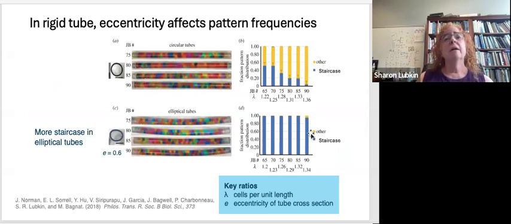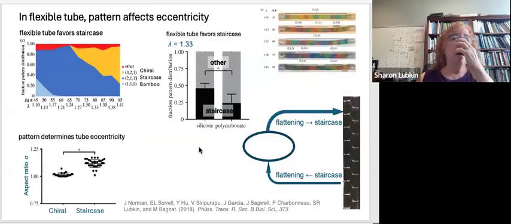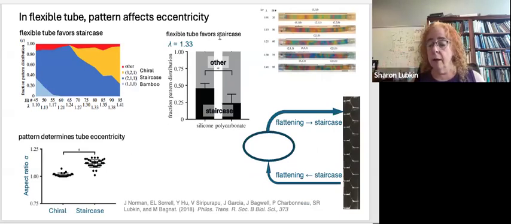And the staircase pattern was seen over a much wider range of lambda values in the elliptical tubes. So it would appear that there's a bidirectional relationship between the eccentricity of the tube and the appearance of the staircase pattern.